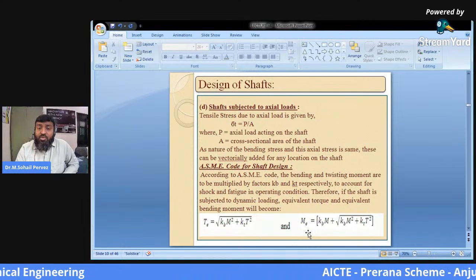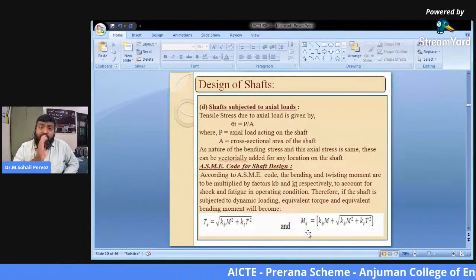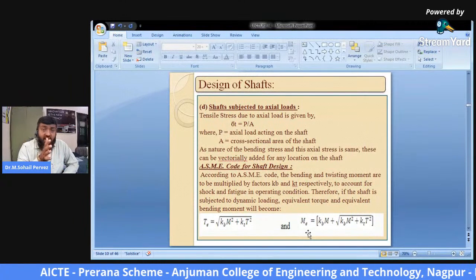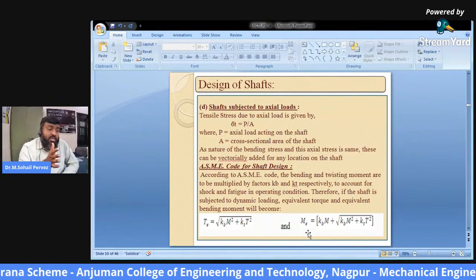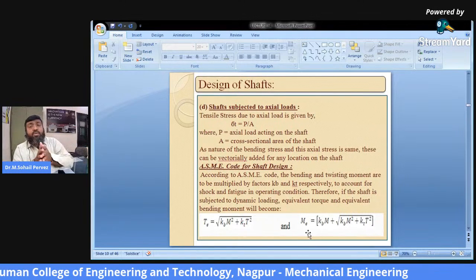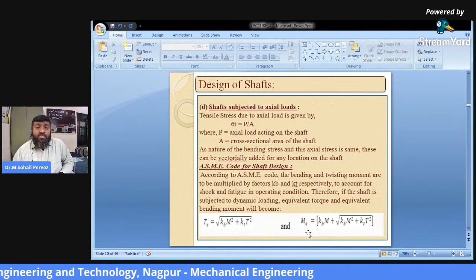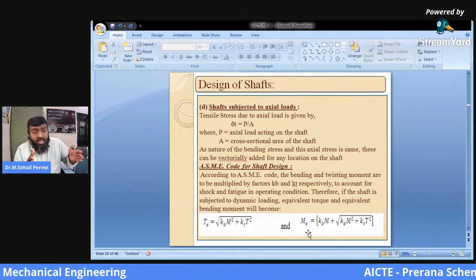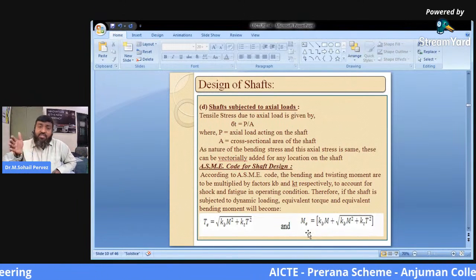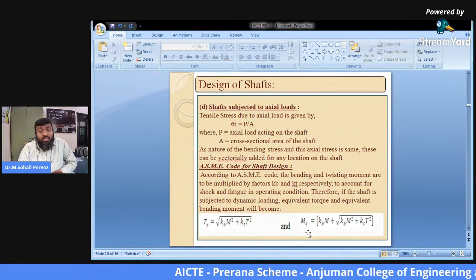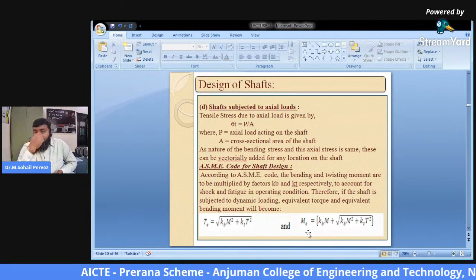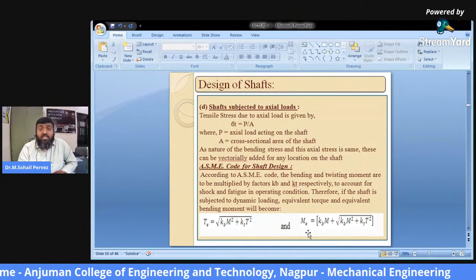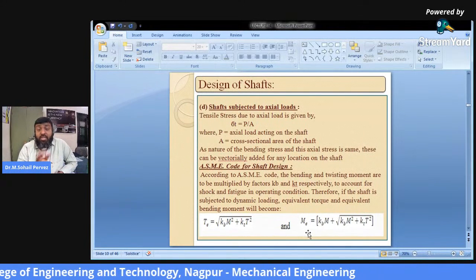That propeller, which is rotating, will have to overcome the resistance of the flowing ocean. That flowing water will apply an axial thrust on this shaft, and due to this axial thrust the shaft may get displaced from its bearings. That's why we have to apply a thrust bearing there.